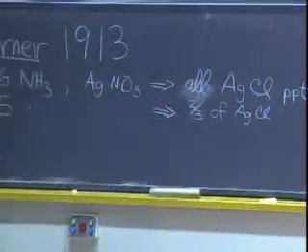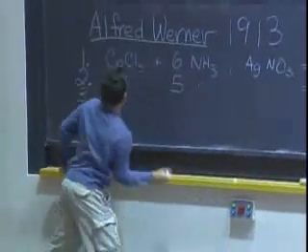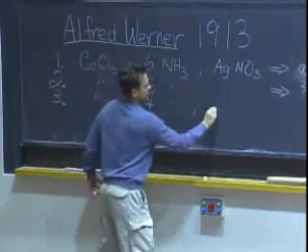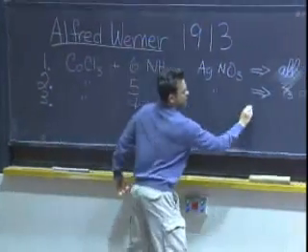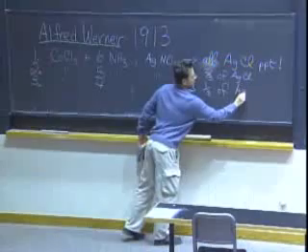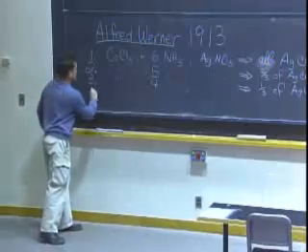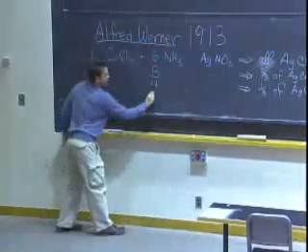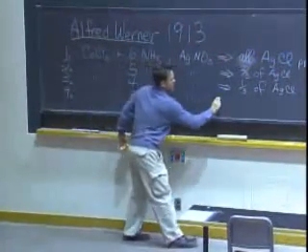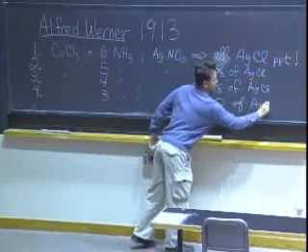And continuing down, if he uses now only 4 equivalents of ammonia, then the addition of silver nitrate provides 1/3 of the total precipitated chloride. And then finally, if he drops down the number of equivalents of ammonia to 3, then we get none, 0 of the AgCl precipitating.